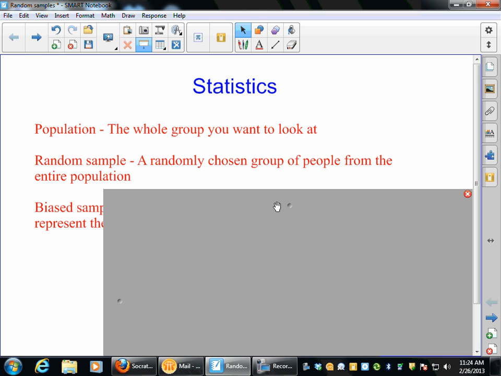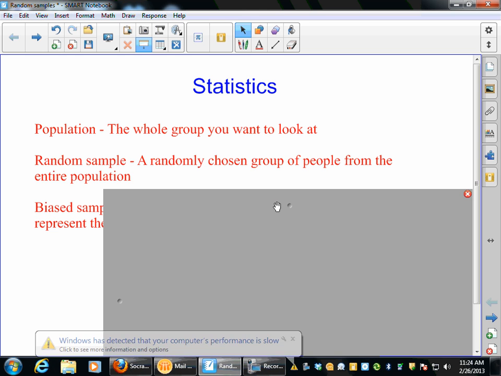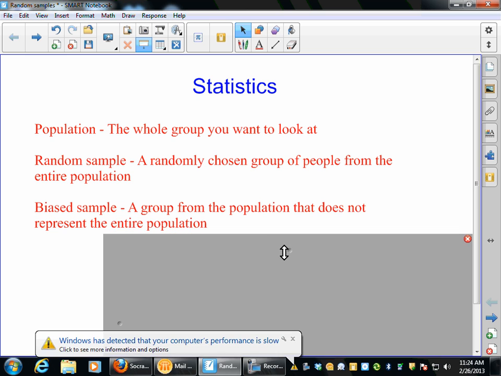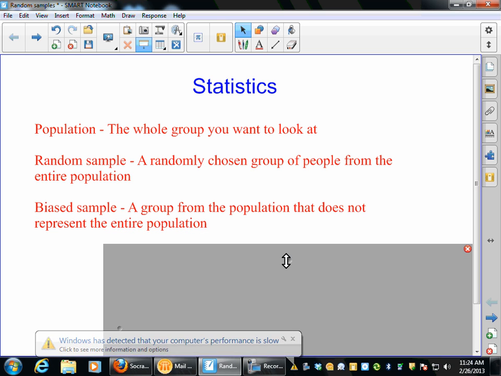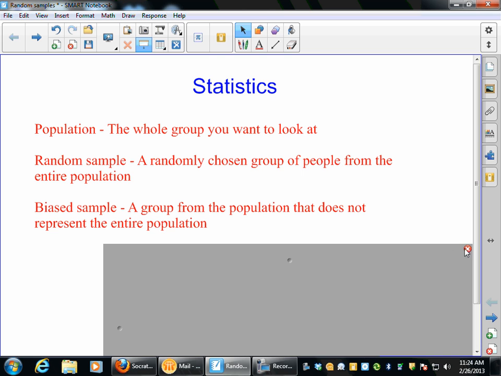If I wanted information about all of Randolph, then I would have to somehow randomly choose people that lived in Randolph. A biased sample is a group from the population that does not represent the entire population.